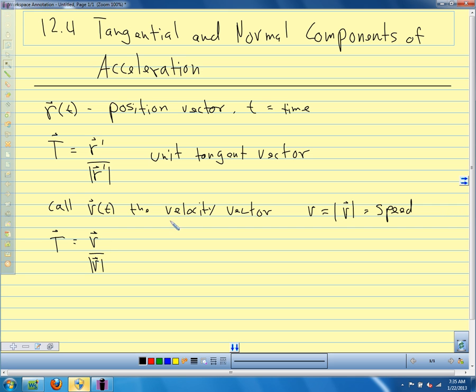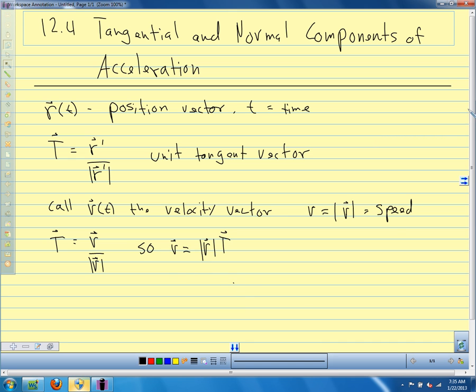And if I rearrange this, I can say that my velocity vector is the magnitude of my velocity times the unit tangent vector. So this is where we're going to start our analysis. We're going to look at the acceleration starting from here.